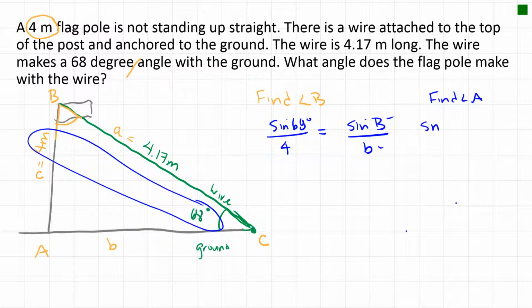So then we set up the ratio again. Sine of 68 degrees over 4 equals sine of A over 4.17.